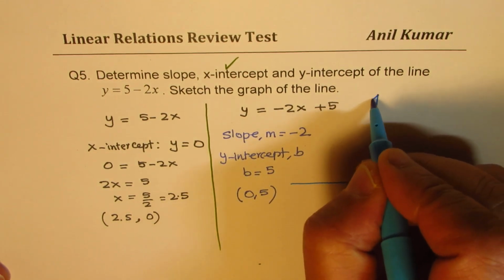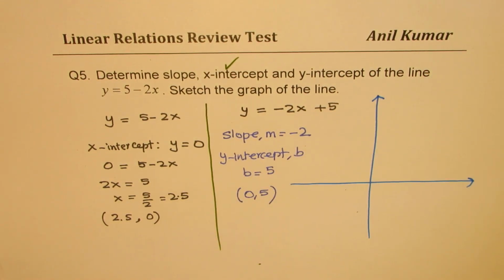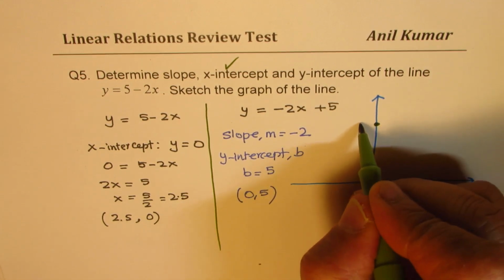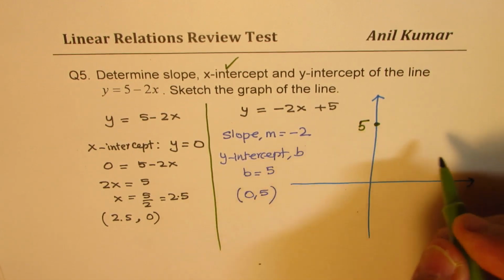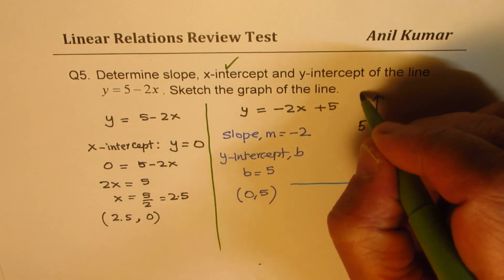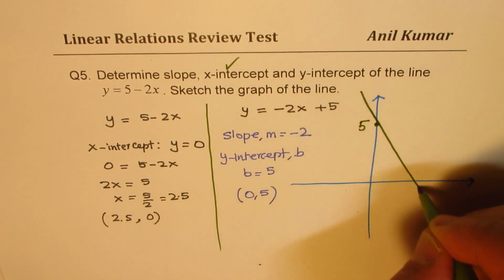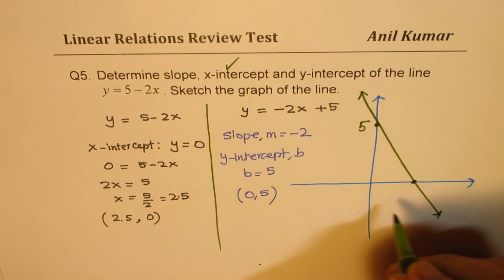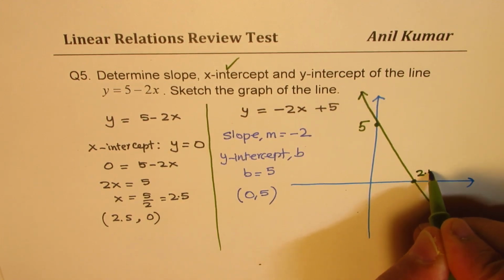Okay. And it also goes through a point which is the x-intercept of 2.5. So since I know 2.5 and 5, well, this is my 5, the y-intercept, and that is 2.5, and I'm going to join these.